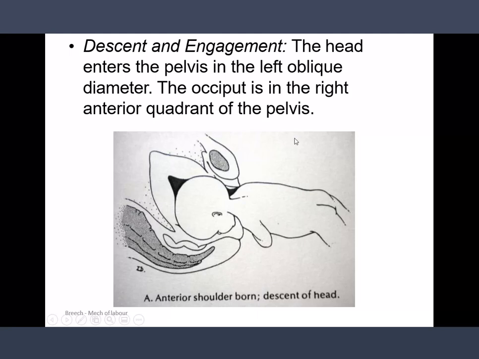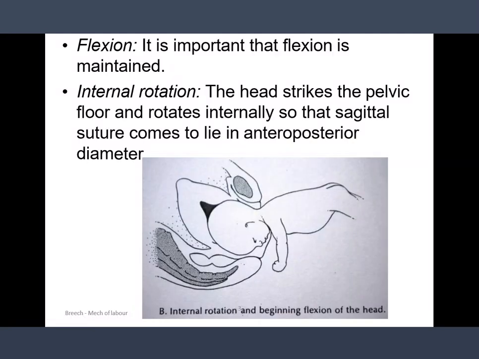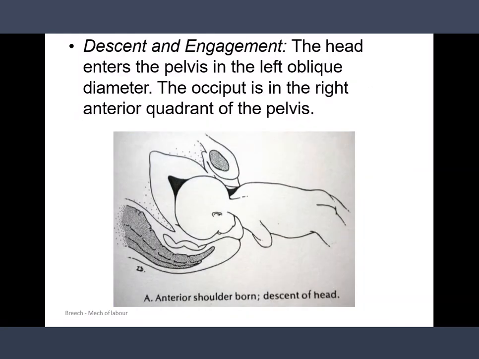After engagement, there will be descent of the fetal head, till it touches the pelvic floor muscles. When it touches the pelvic floor muscle, there will be anterior rotation, or internal rotation, by 45 degrees, so that the occiput comes and hinges under the pubic symphysis.